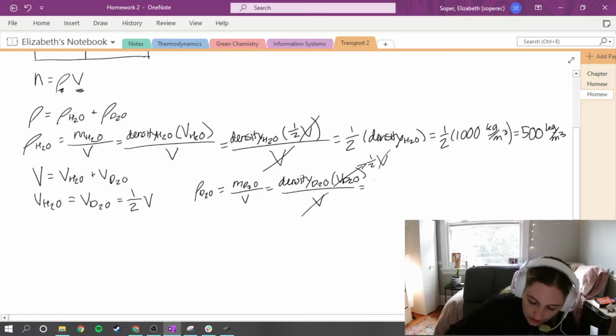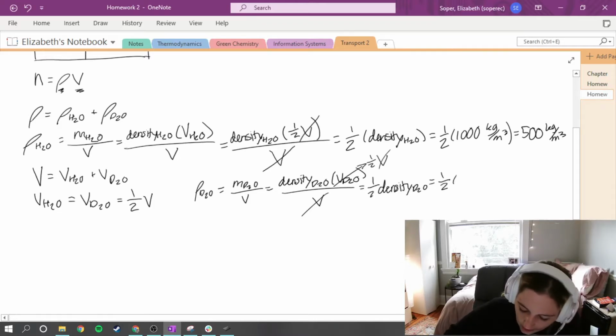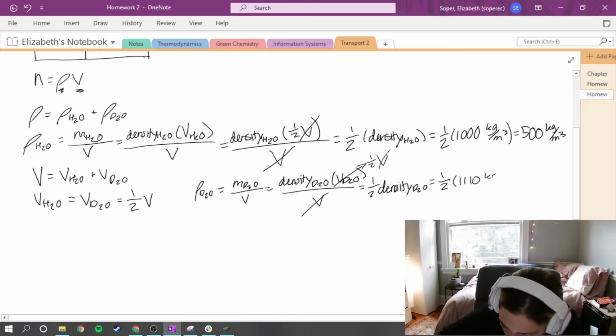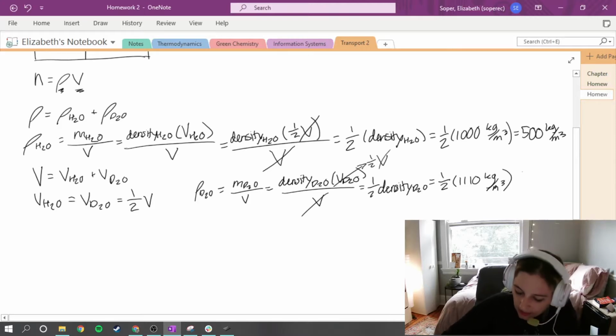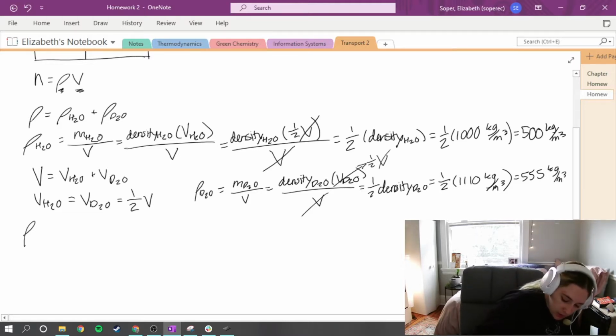These will cancel and you get 1/2 the density of deuterated water, which equals 1/2 of, we are given the density in the problem, which is 1,110 kilograms per meter cubed, and half of that is equal to 555 kilograms per meter cubed.